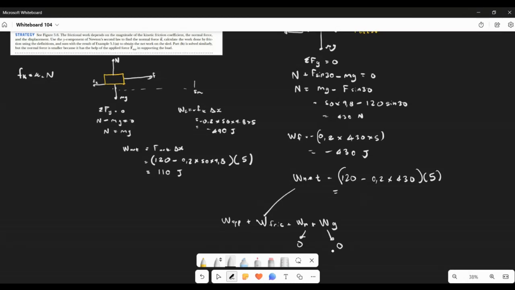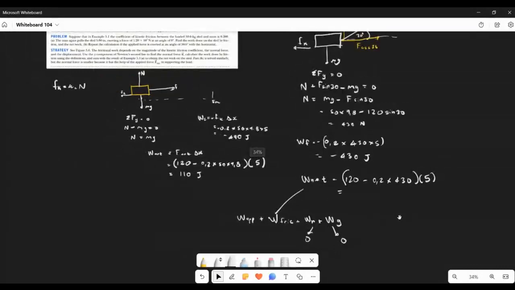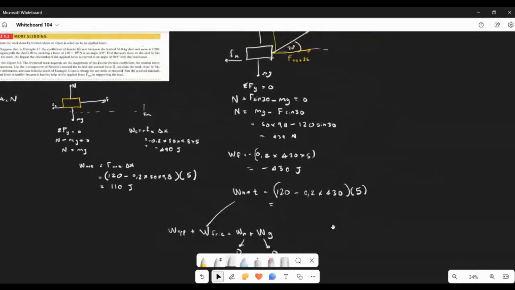In fact, they are cos 90 and cos 270. So therefore 0. Is that all clear? So what's my net work?